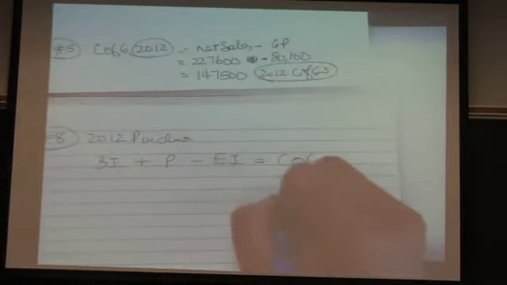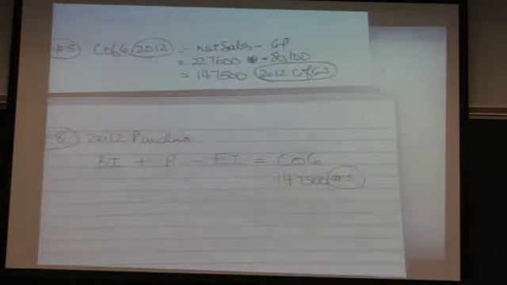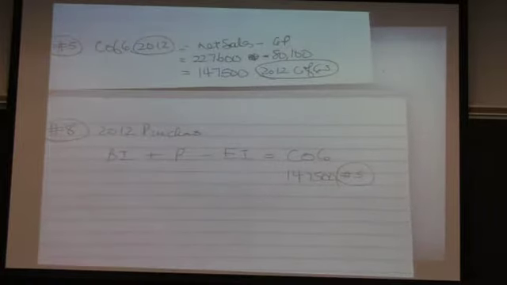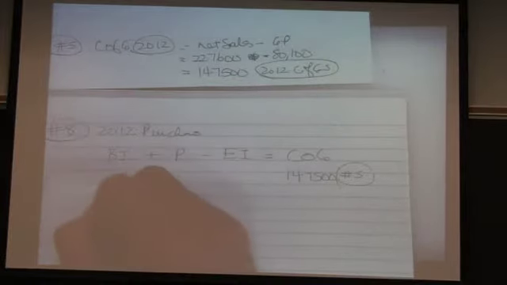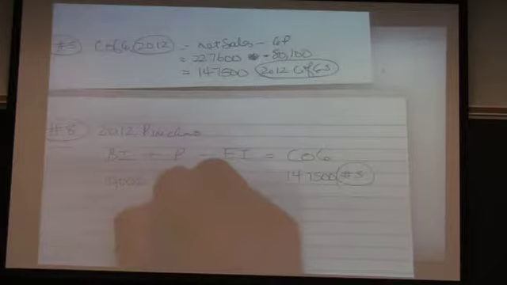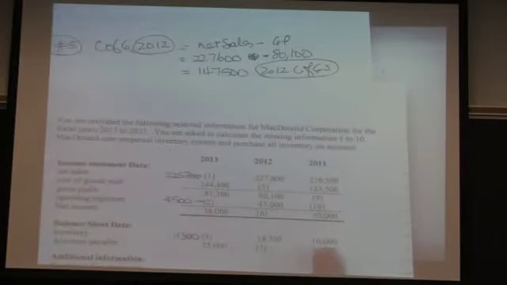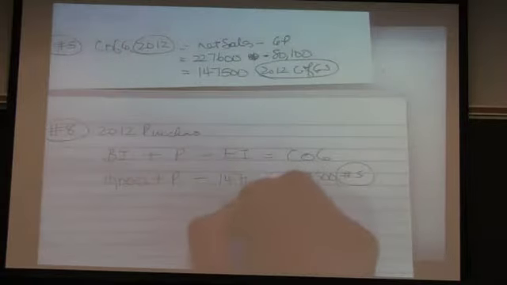We found that out from calculating number 5. Okay, so this is 2012. Do we have the 2011 inventory? Yes, we do. We have 10,000 of ending inventory, right? Beginning inventory. Now, we don't have purchases, but do we have the ending inventory? The answer is yes. We have 14,700.